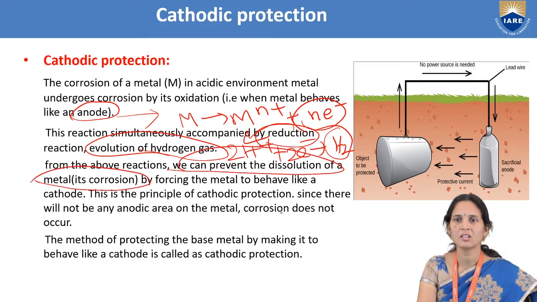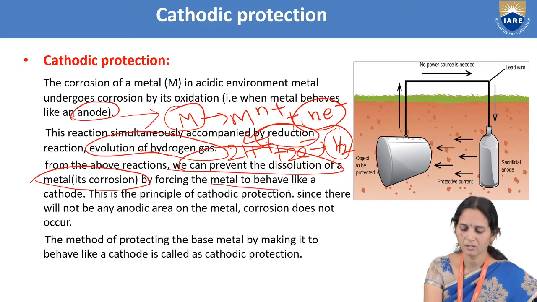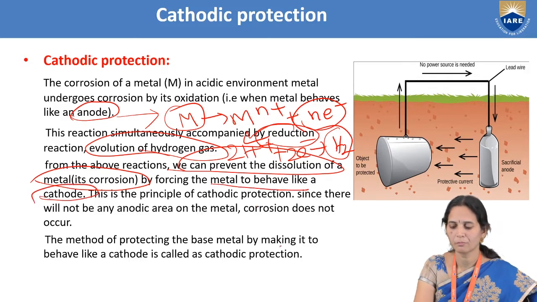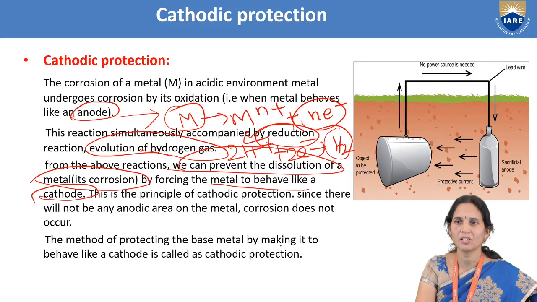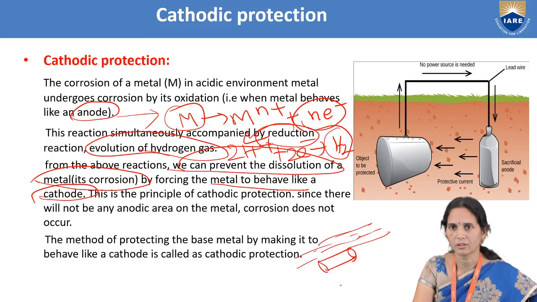So we can prevent the dissolution of the metal, the metal we want to protect, by forcing it to behave like a cathode. For example, you take an iron pipe in an acidic environment, which may be undergoing corrosion.